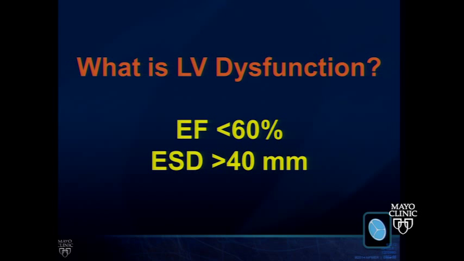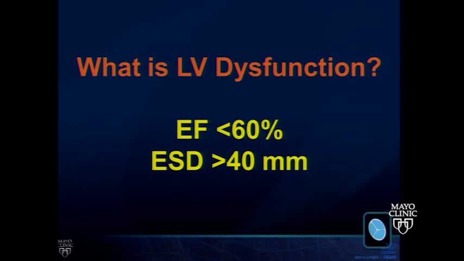So the end systolic dimension is a wonderful measure of systolic function itself. It will tell you not only how well the ventricle contracts, but how big the ventricle is, and the ventricle's only going to be able to contract to a certain dimension given its intrinsic contractility. And we know from studies that once the dimension gets greater than 40 millimeter, the prognosis is poorer.